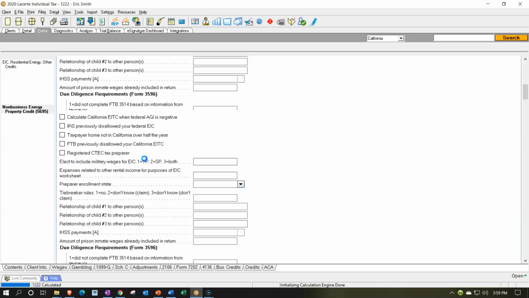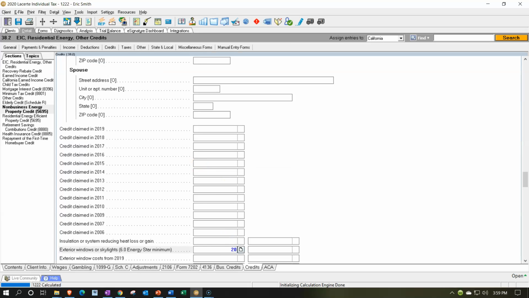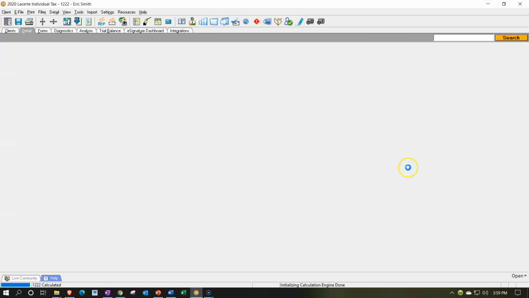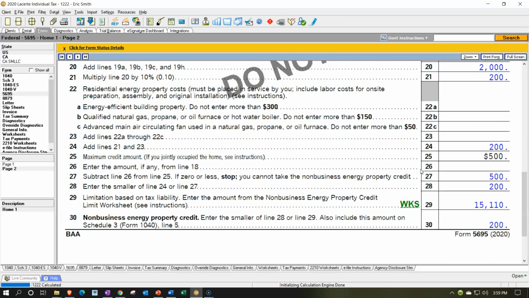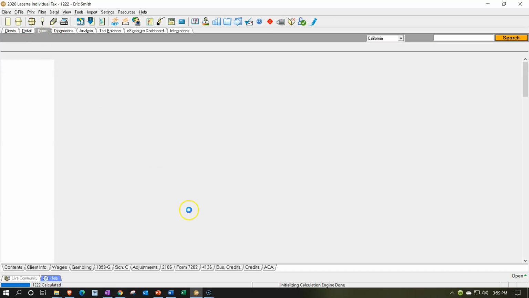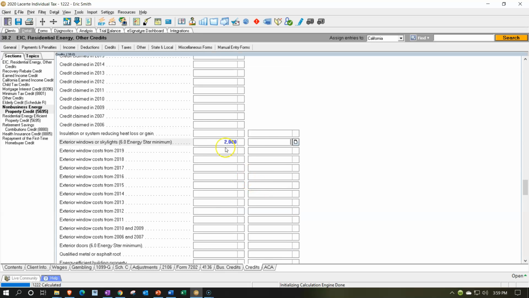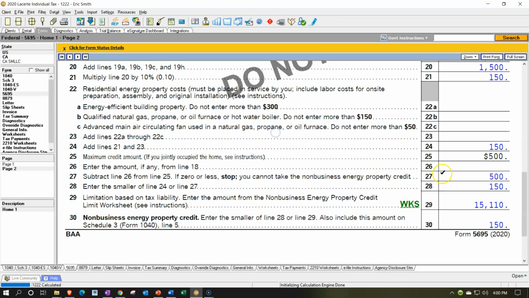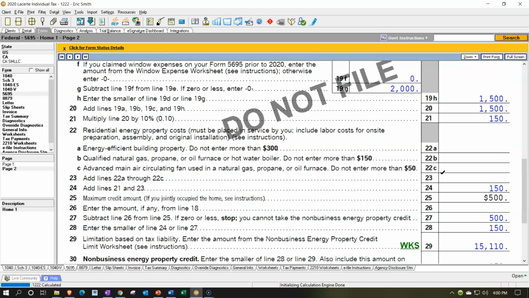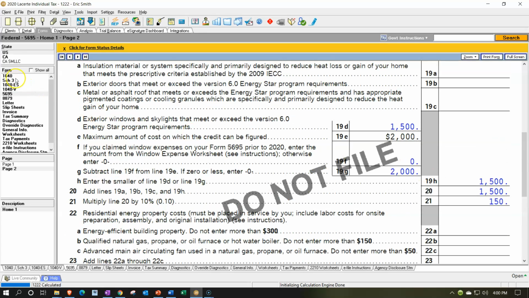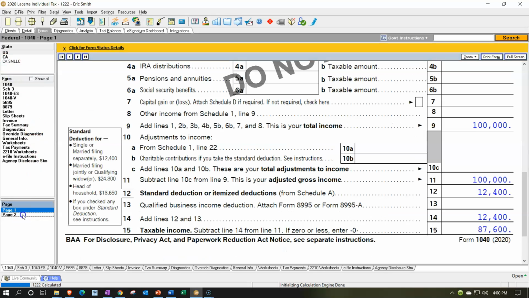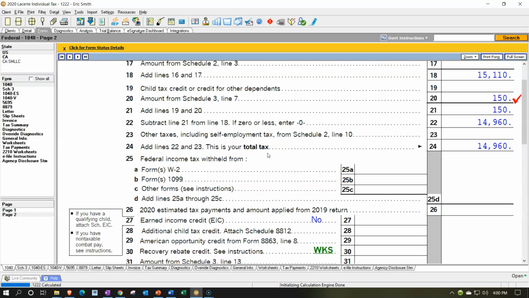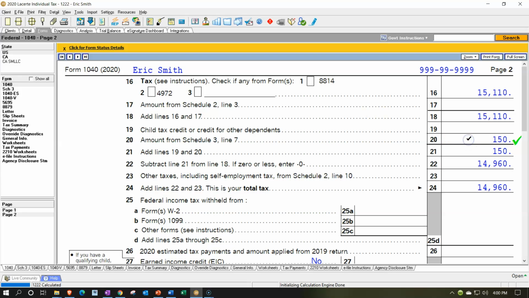So if I was to then put this at 200, we should then have the same calculation at the 200 still. And if I go under the 2,000, if I go like to 1.5, then that's going to lower. So I have to spend 2,000 to max out the 200 credit. So now we only got the 150 or 10% of the 1.5, and that of course would then be pulling over once again to the second page of the 1040 for the 150 there.